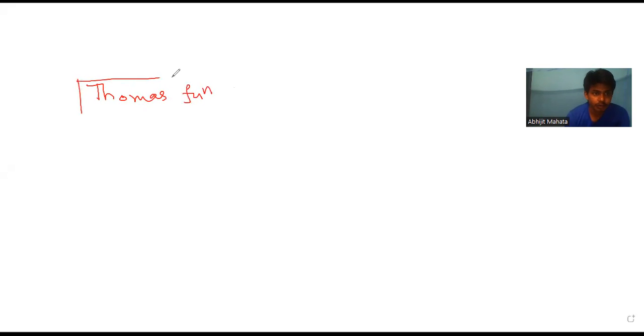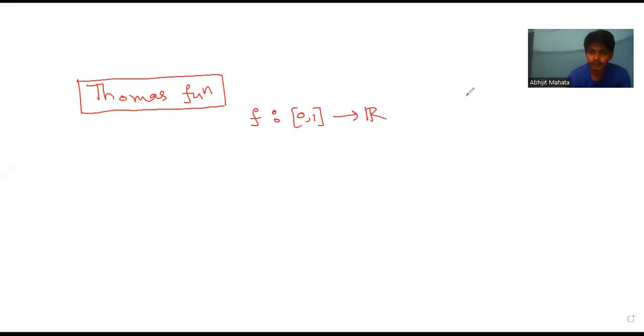So it is a function from the closed interval [0, 1] to R. It is given by f: [0, 1] to R, defined this way: f(x) has multiple parts.